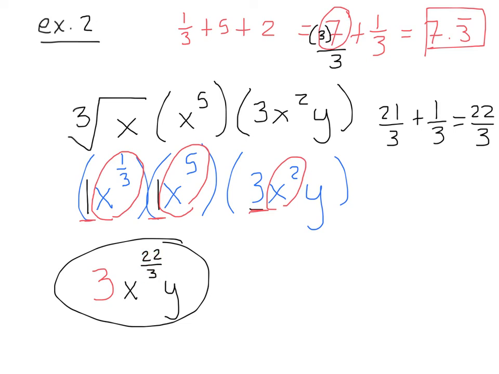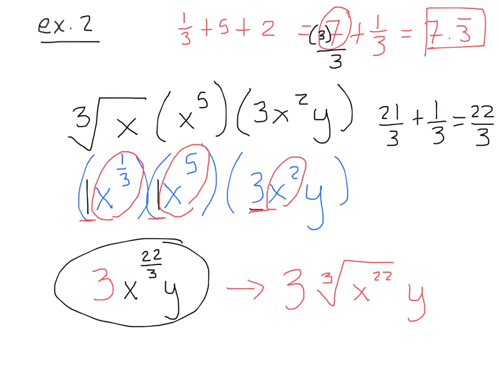And so if we want to write this in the form with a root, we'd say 3 times the cube root of x to what power? What's it say right here? X to the what power? 22nd power, so I'm going to write a 22 here, times y.